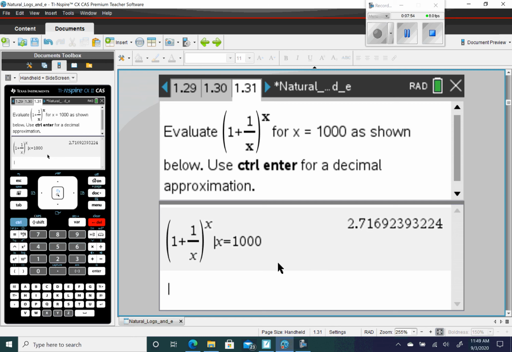So go ahead and continue working on number 5 using your calculator, and just go ahead and type in each one. The first one is done for you. Pause the video as you do this.